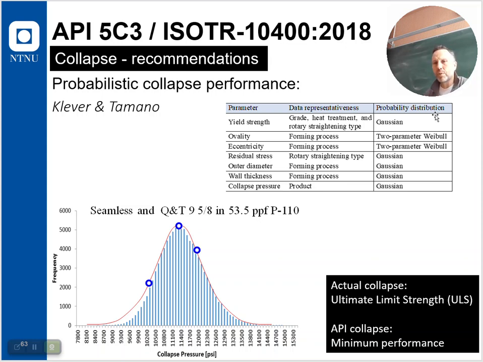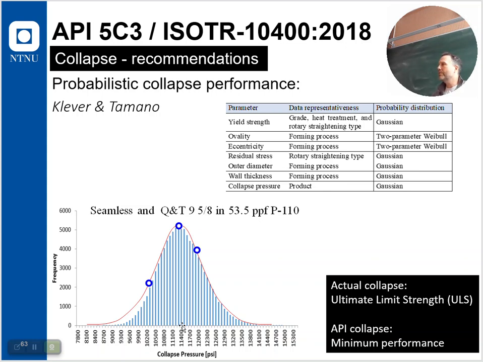These have different probability distributions, and the end result is going to look like this. So P50 will give you a collapse resistance of 11,400 psi. And that matches quite well the graph that we saw earlier.